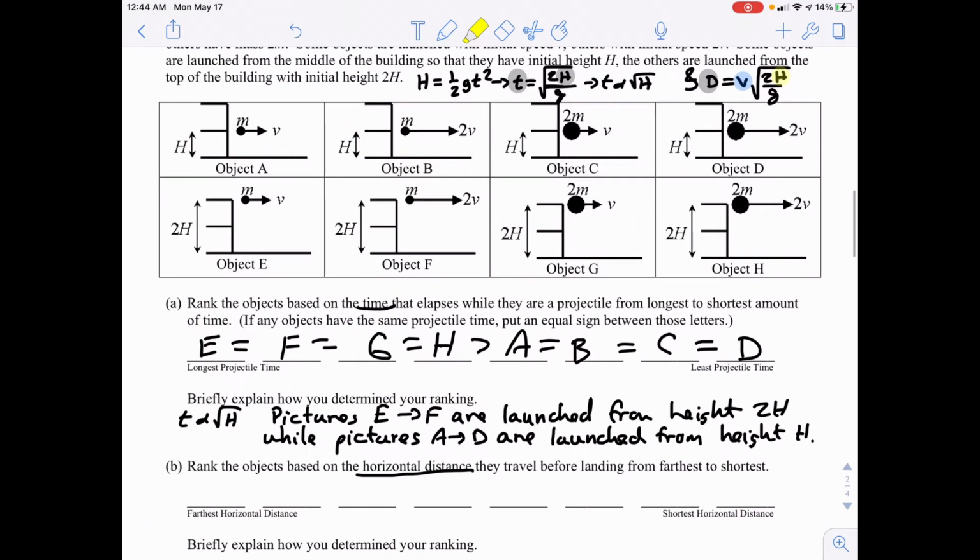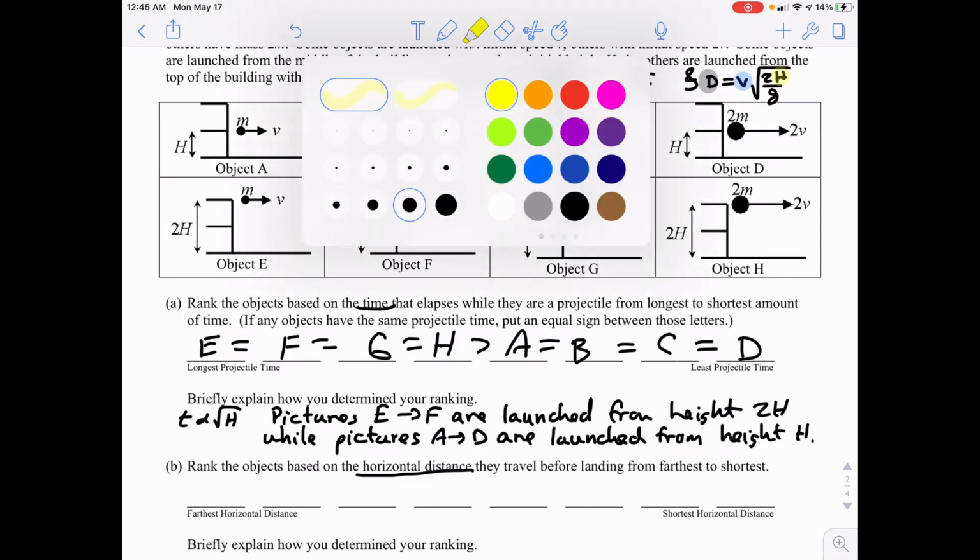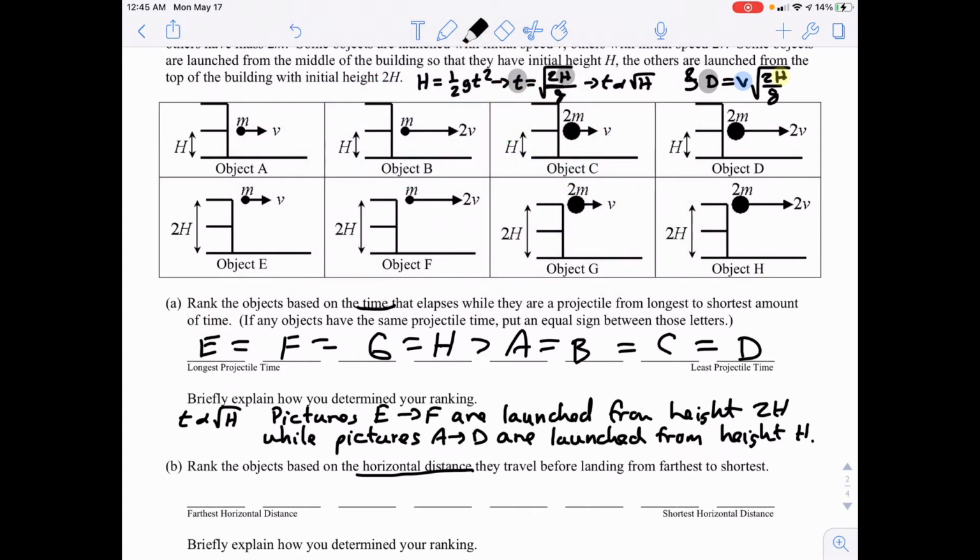The greatest combination of velocity and height would be, well, we have 2m.